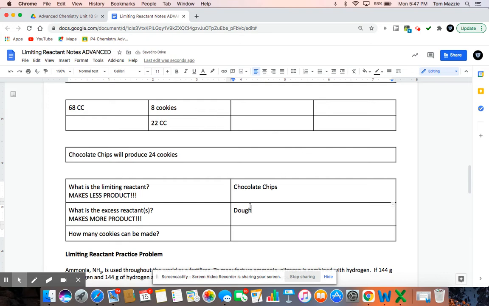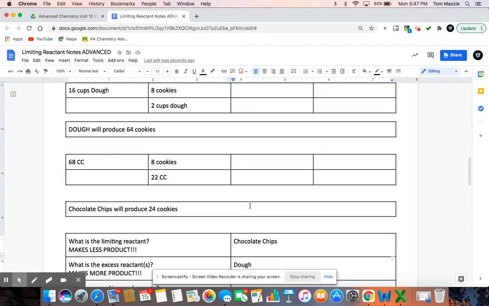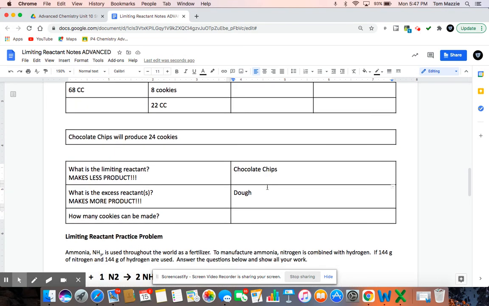And then the last question says, how many cookies can be made? You cannot make more cookies than the limiting reactant will allow you to make. So if the dough makes 64 and the chocolate chips make 24, we can only make 24 cookies.